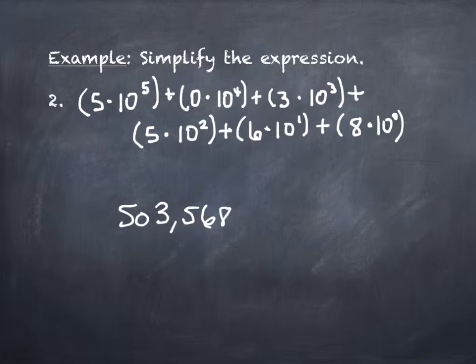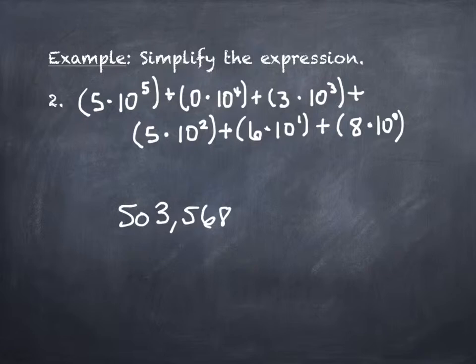Awesome. Thank you, Trent. 503,568. Easy? Yeah, I mean, you're just reading the number that's times the 10 to make it in their value, right? Okay, so it's taking an expanded form and turning it into the condensed, simplified version that we have.